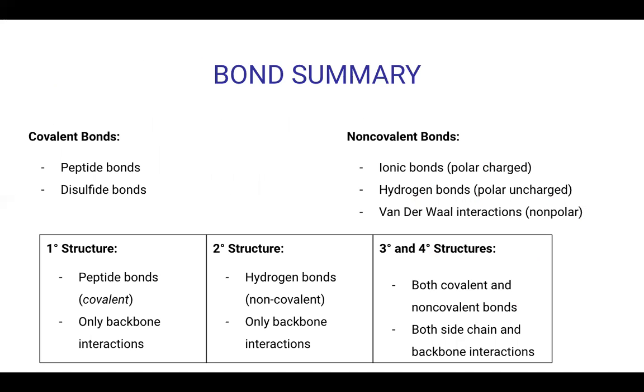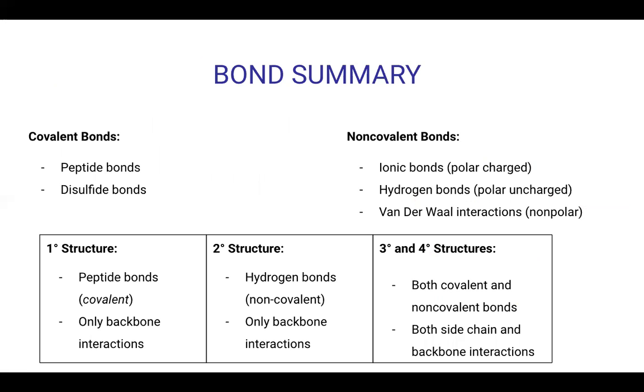So a quick bond summary, because I know that was a lot. Your covalent bonds are your peptide bonds, which you find in primary structure, and your disulfide bonds, which you find in tertiary structure. Your non-covalent bonds are your ionic bonds, so that's between polar charged amino acids, hydrogen bonds between polar uncharged, and van der Waals interactions between nonpolar. And then we have this little chart. So primary structure, you have your peptide bonds and backbone interactions.